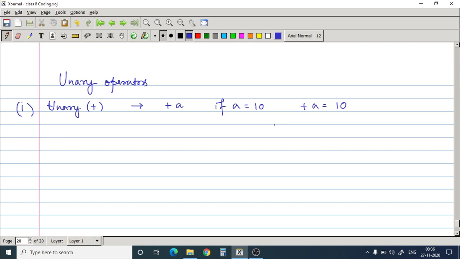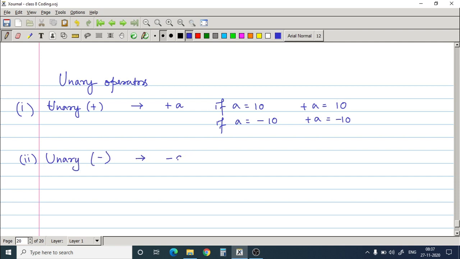So it will remain 10. And if A is equal to minus 10, then plus A will be minus 10. Now you might think that this is unnecessary, but when you do unary minus sign, then you will realize yes, unary plus is also there.